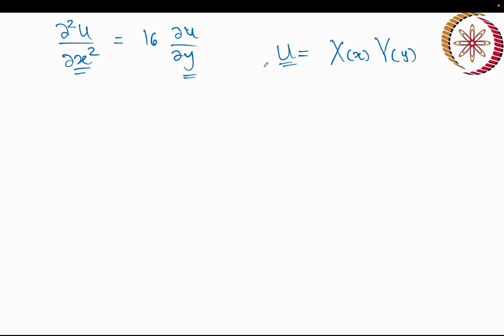We are assuming this independence, and if we use it, we'll see whether the equation gets simplified or not, and if it does, we can solve it. So we will substitute this, and if we differentiate it twice, it will be X double prime into Y is equal to 16 ∂u/∂y, which is Y prime.